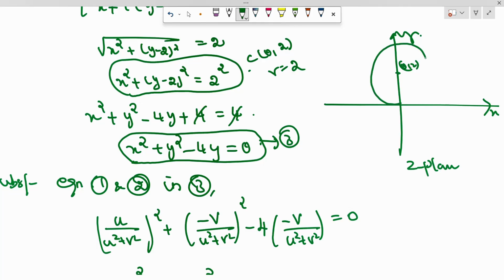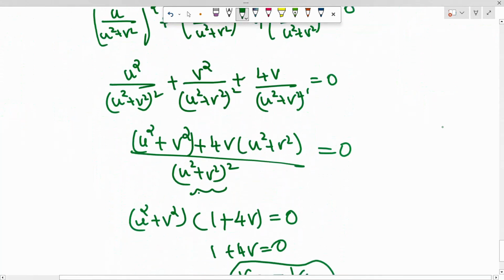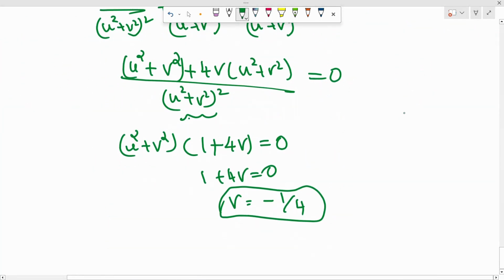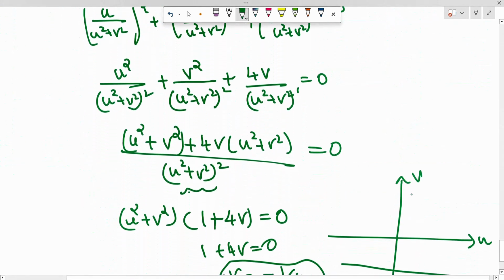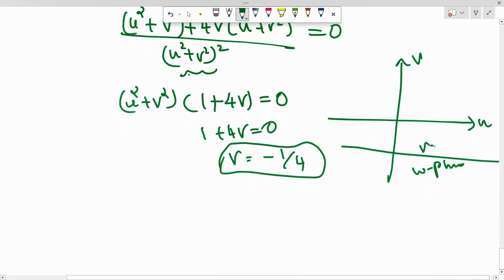Draw the circle like this. Okay, which is the Z plane image. W plane image, U axis, V axis. V is equal to minus 1 by 4 here. V is equal to minus 1 by 4, which is the required W plane image.